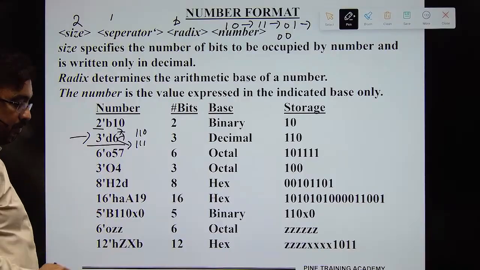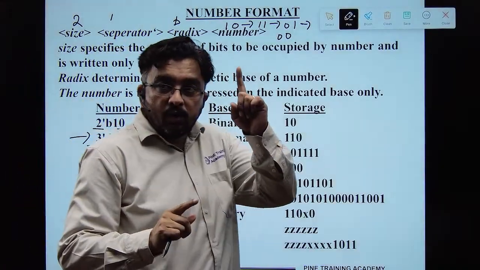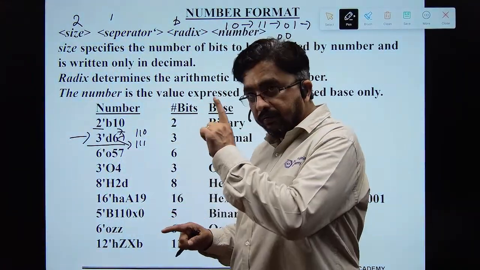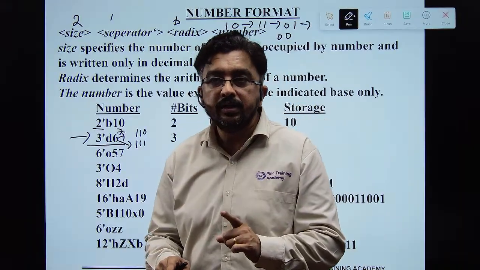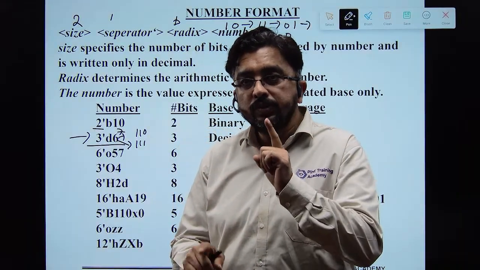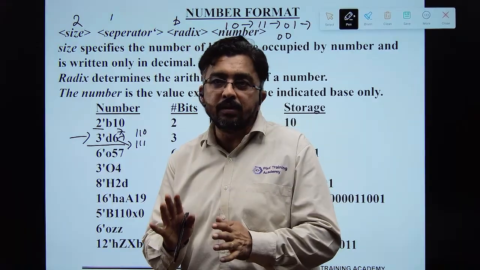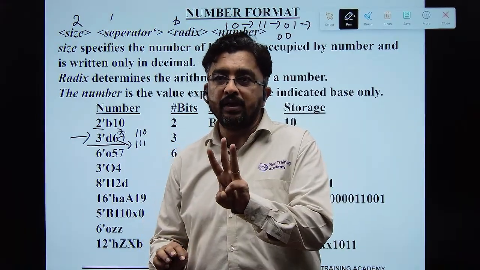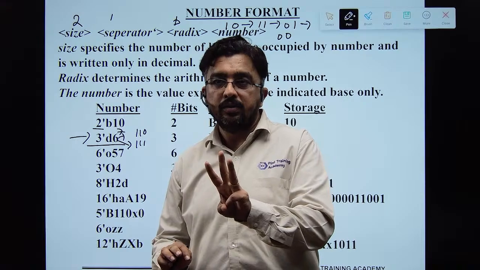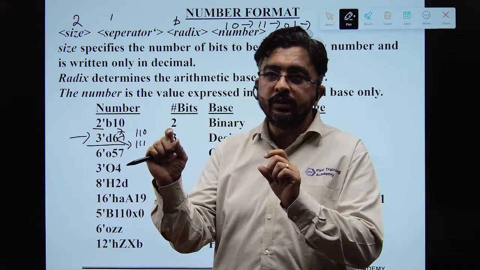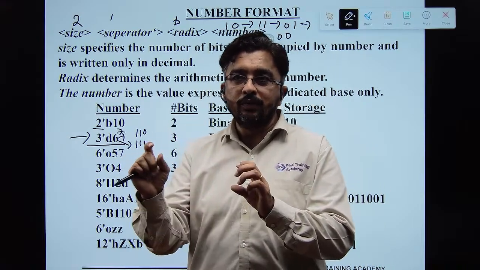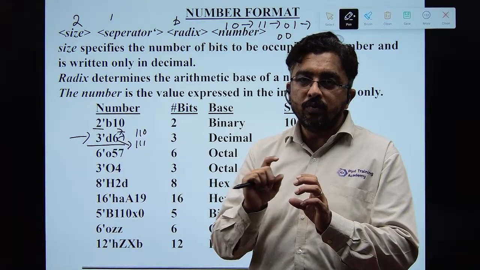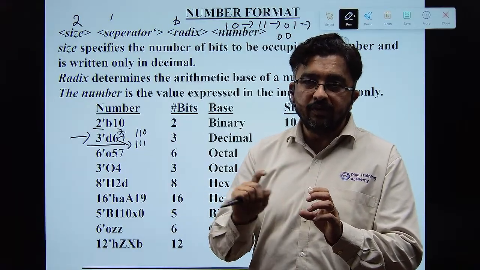So from 0 to 7, the minimum representation is 3 bits: 000, 001, 010, 011, 100, 101, 110, and 111.